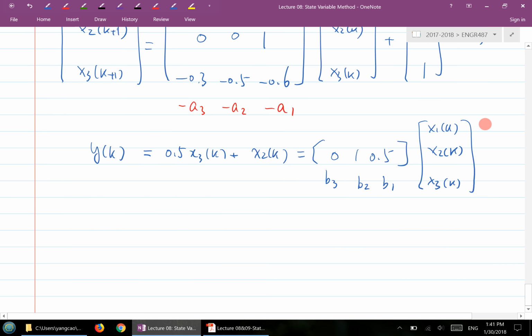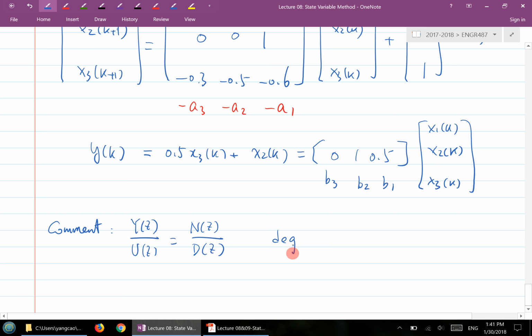So just a comment here. This is actually something I mentioned, but I didn't really answer. Let's say you have your pulse transfer function given in the numerator divided by the denominator format.